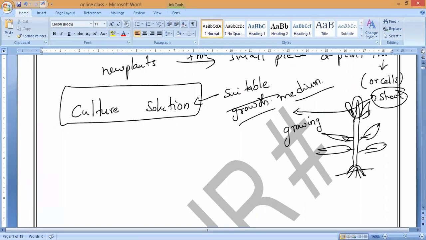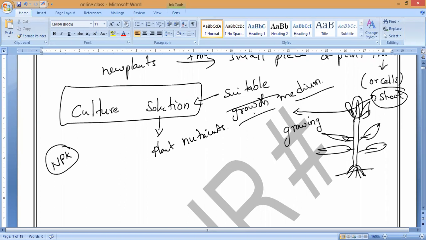The growth medium used for growing plant tissues is very important in this process, because it contains all the plant nutrients required. Whatever the earth or soil provides, like nitrogen, phosphorus, potassium, NPK, these are the main required things, correct? All the required minerals and plant nutrients we prepare artificially. That is why this culture solution is so important.